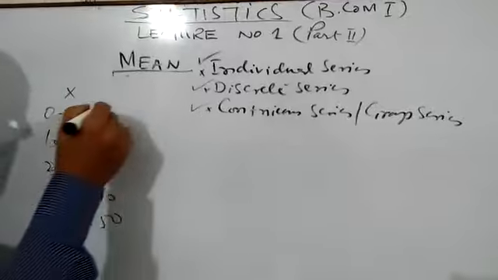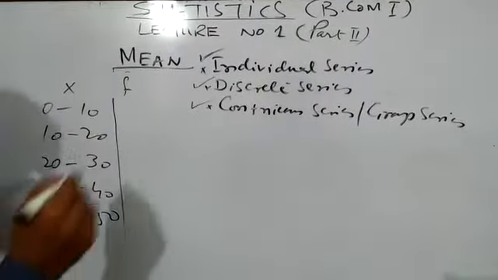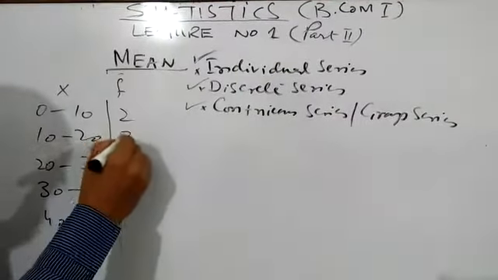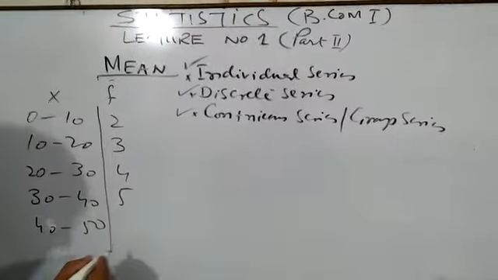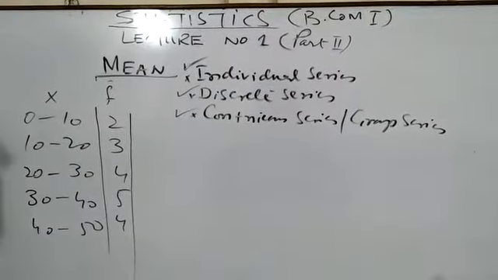So this is the x column, and the other one is frequency. Frequency is 2, 3, 4, 5, and then 4. So this is the shape of the question in the continuous series or group series.